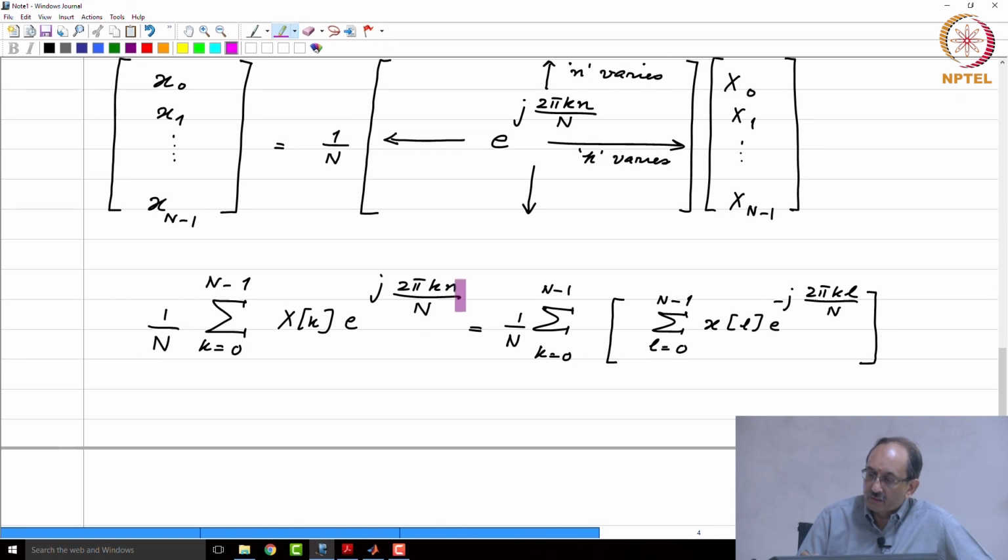You do not want to repeat that variable here because it will cause confusion, and you will not get the right answer. This after all is a dummy index, that is why I am using l, and now I have e to the j 2 pi k n by capital N.